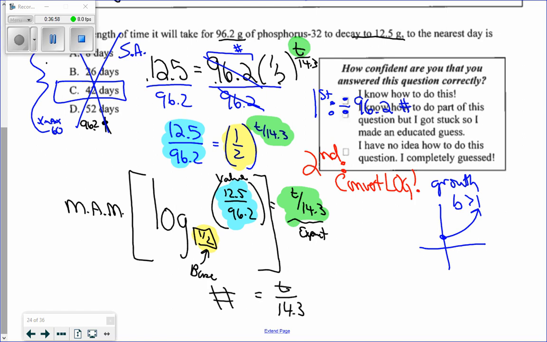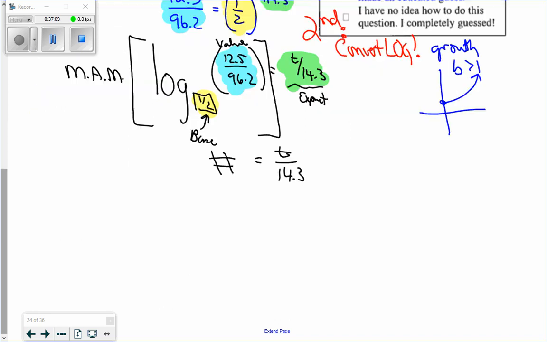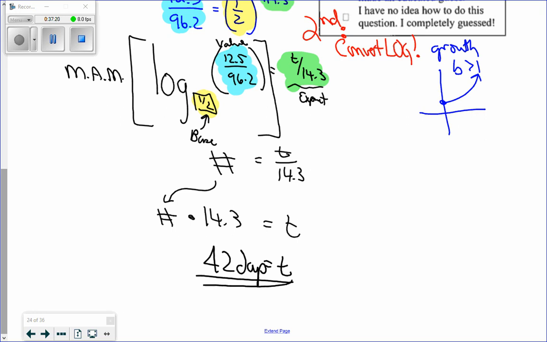Now, I'm trying to get t by itself. Right now, t is being divided by 14.3. So how do I move that over? Times. So my final answer will be whatever this number is times 14.3. And if we did the graphing one right, we should get out 42.